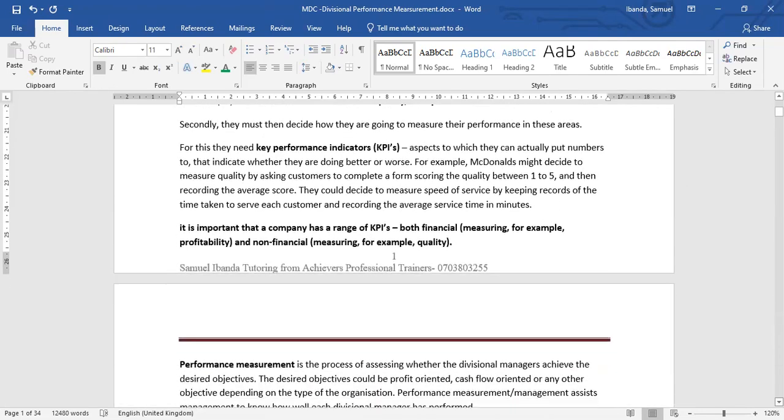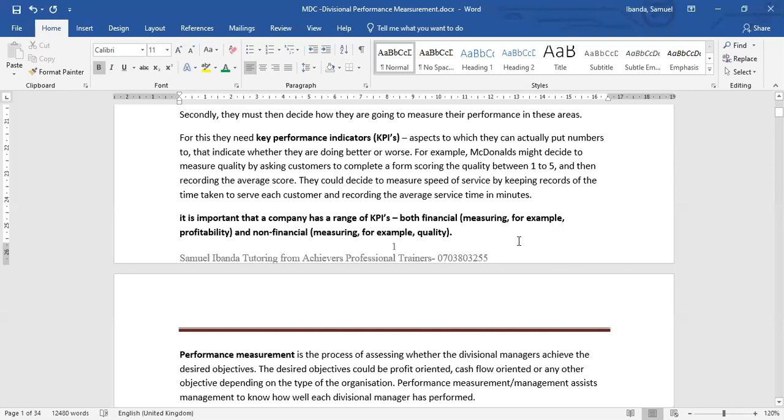So here we are saying that it's important that the company has a range of KPIs, okay? Both financial and, of course, non-financial, or quantitative and qualitative. And this is very key because companies exist.